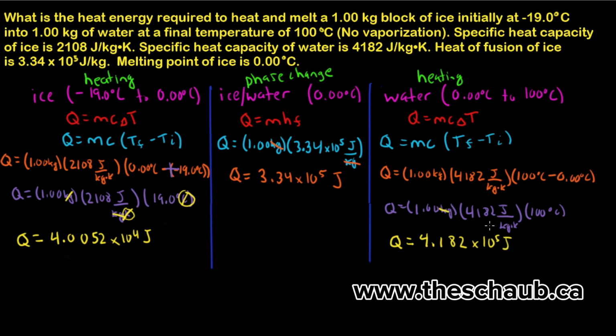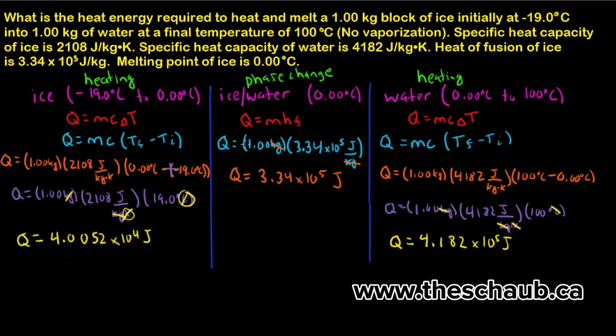So our kilograms cancel with our kilograms, and again we can cancel our Celsius with our Kelvin, because this is a difference in temperature, and if we converted these to Kelvin, adding 273 to both temperatures, we'd still end up with the same difference. So how much energy does it take to heat 1 kilogram of water from 0 degrees Celsius to 100 degrees Celsius? It takes 4.182 times 10 to the 5 joules.